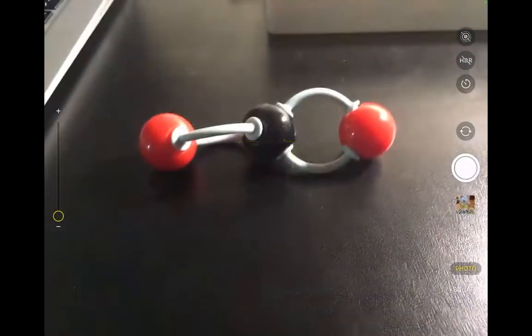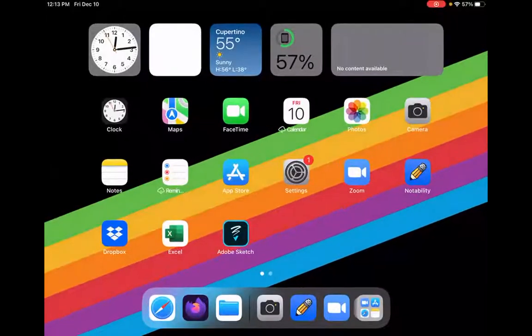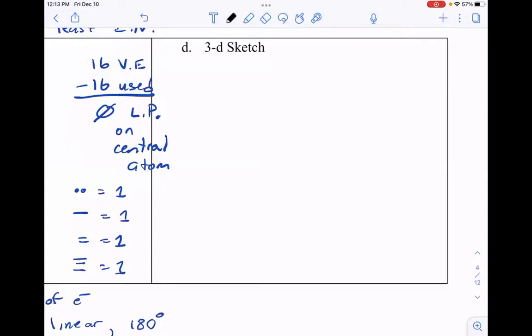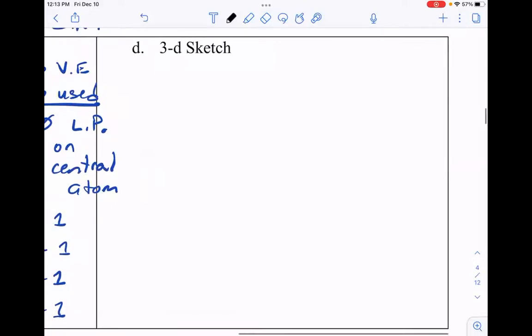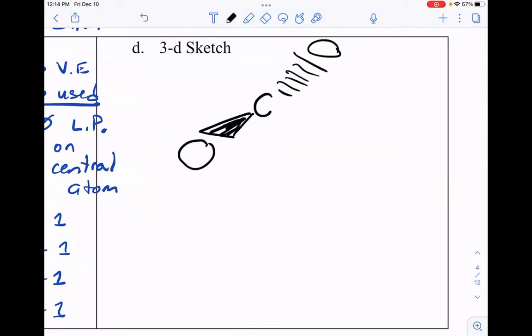Just choose one depiction. If you want to represent it in such a way that the oxygens are above the plane of carbon, you can go ahead and do this. Now, if you do want to represent a double bond, you can put 2 bold like this, and then 2 dashed like this.